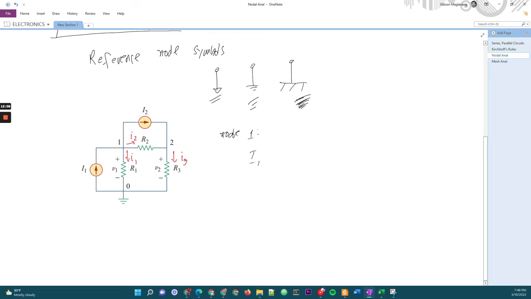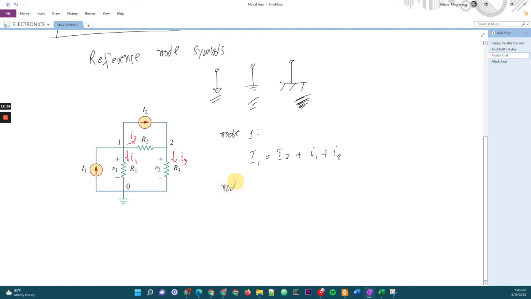And then the currents leaving the node would be placed on the right-hand side of the equation. That would be I2 plus small I1 plus small I2.